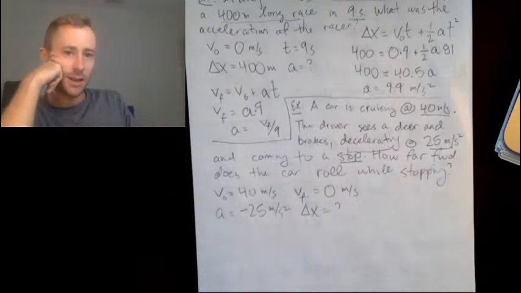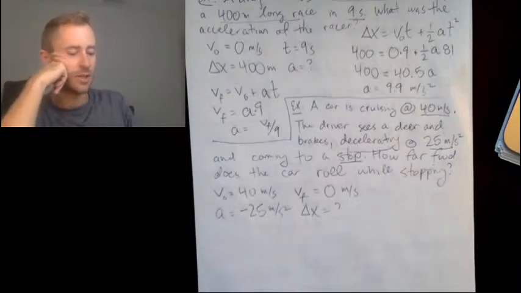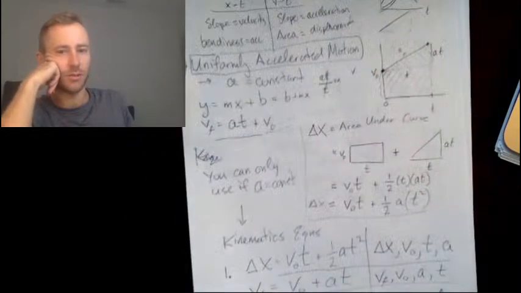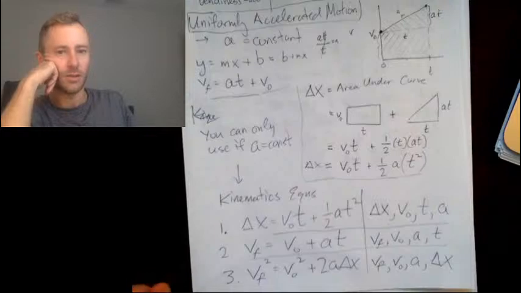So I will wait again for the class to type into the live chat. Which equation are we going to use out of these three? Which equation is the right tool in order to solve this problem?